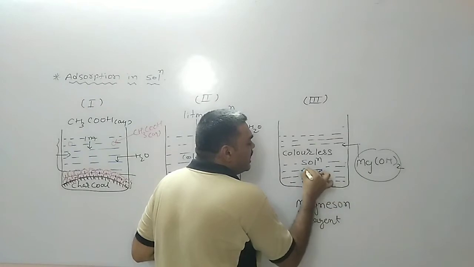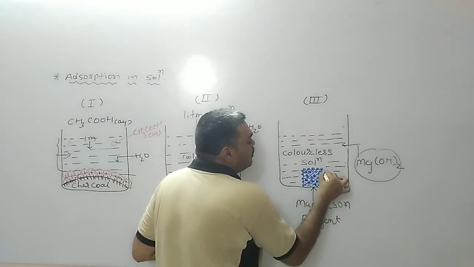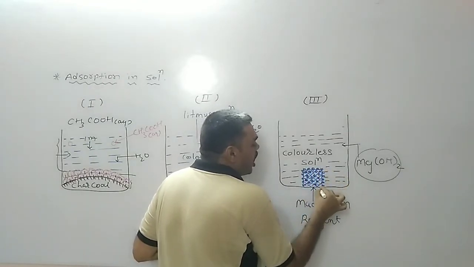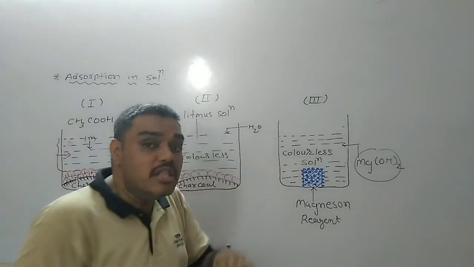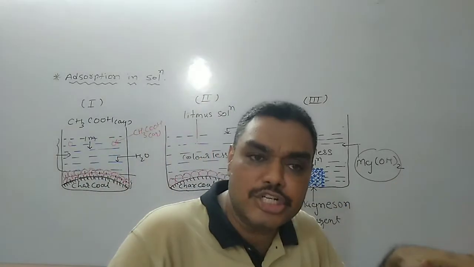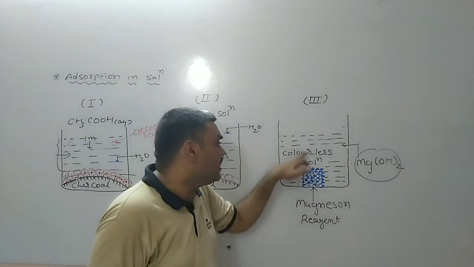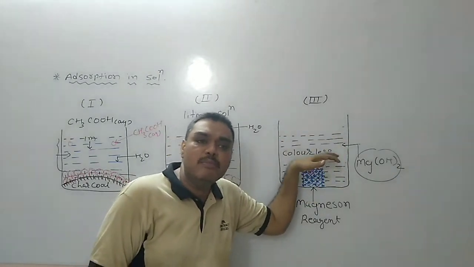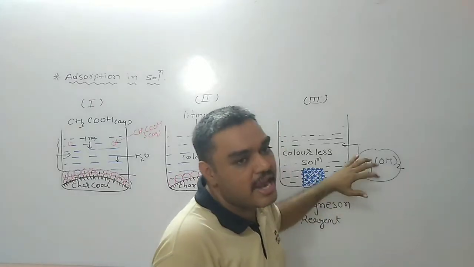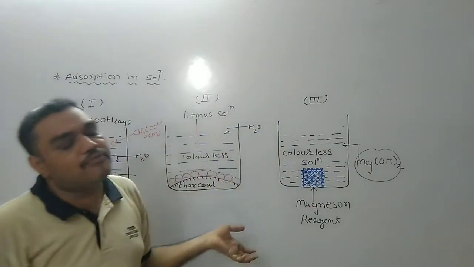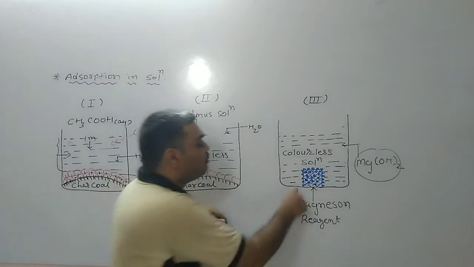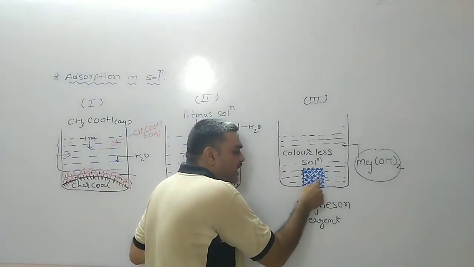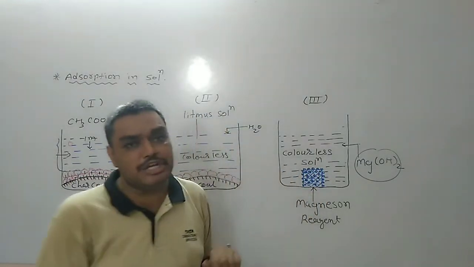You can easily see the blue colored particles or precipitate on the surface of your magnesium reagent, while your solution was colorless before adding the magnesium reagent.